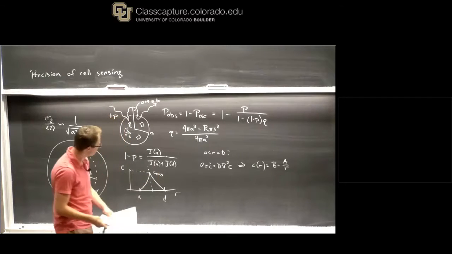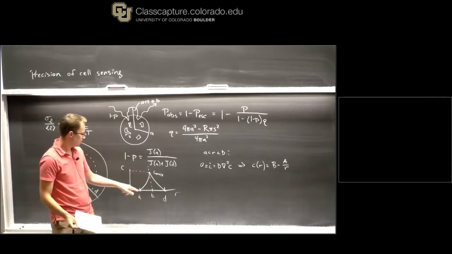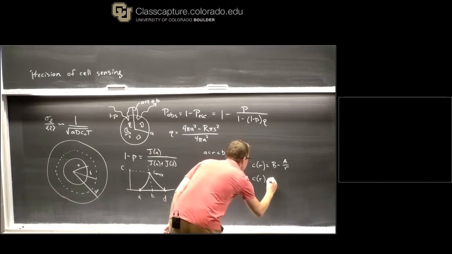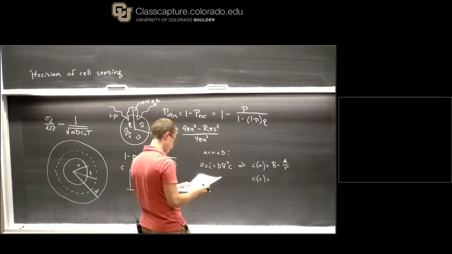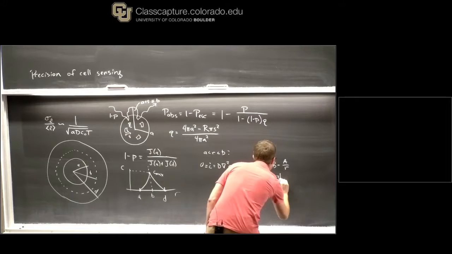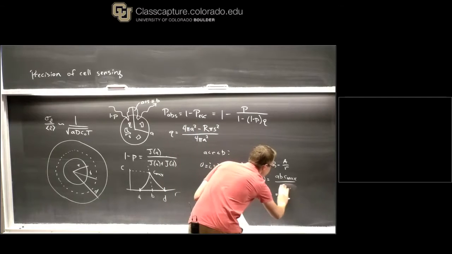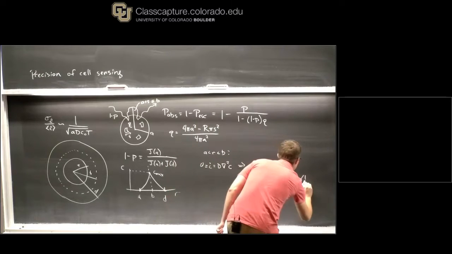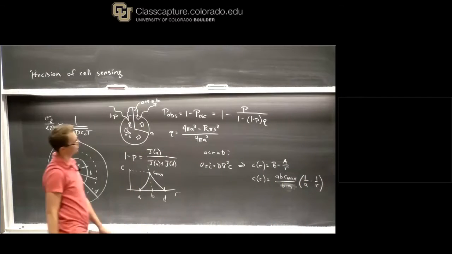Okay, and we have two boundary conditions. It has to be C max at B, it has to be 0 at A. And enforcing those boundary conditions leads to the expression A times B times C max over B minus A, let's keep it positive, times 1 over A minus 1 over R. Okay, and you can just check that that's right.